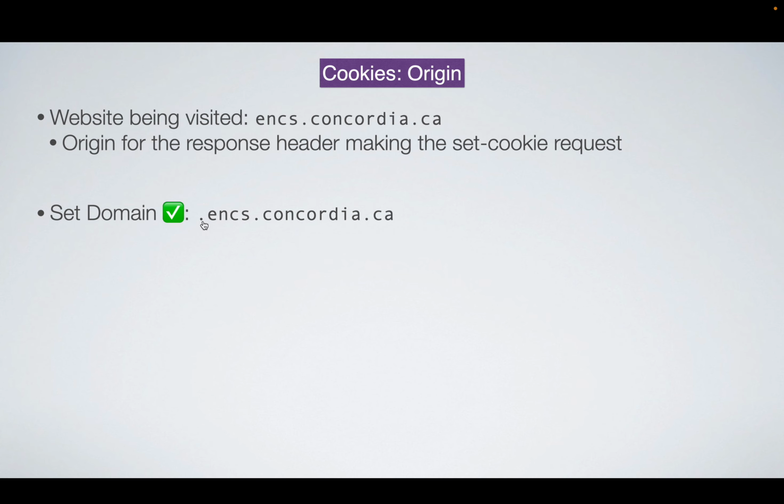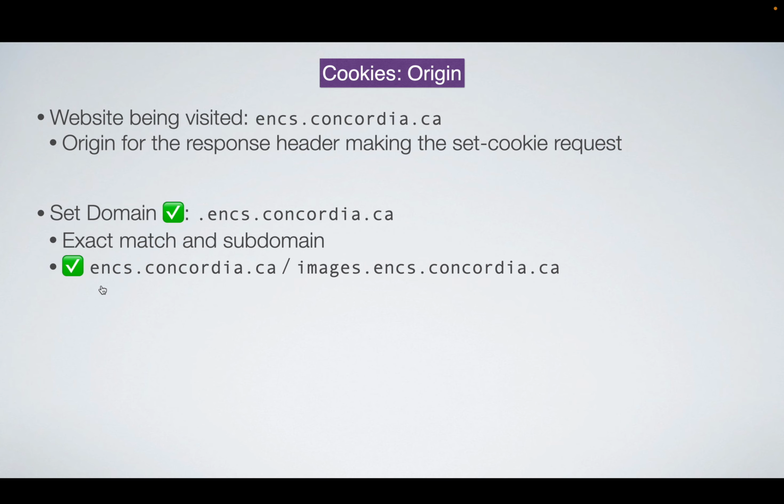If I put a dot in front of encs.concordia.ca, I am allowed to set that cookie. So encs.concordia.ca is allowed to set a cookie with a dot in front of it. What that means is it will look for an exact match and any subdomain. So encs.concordia.ca is fine. Images.encs.concordia.ca is also fine. By fine, I mean if I go to those websites the second time, that cookie will get sent.